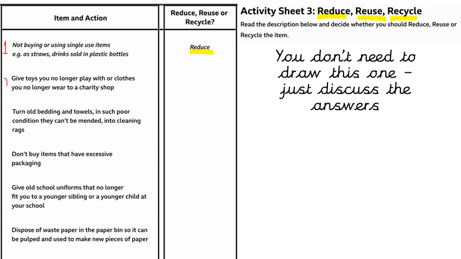So number 2, do you think it's reduce, reuse, or recycle? Number 3, number 4, number 5, and number 6. So all you're doing for those is writing the numbers, and then next to each one choose one of those options: reduce, reuse, or recycle. So pause the video and then we will go through the answers.